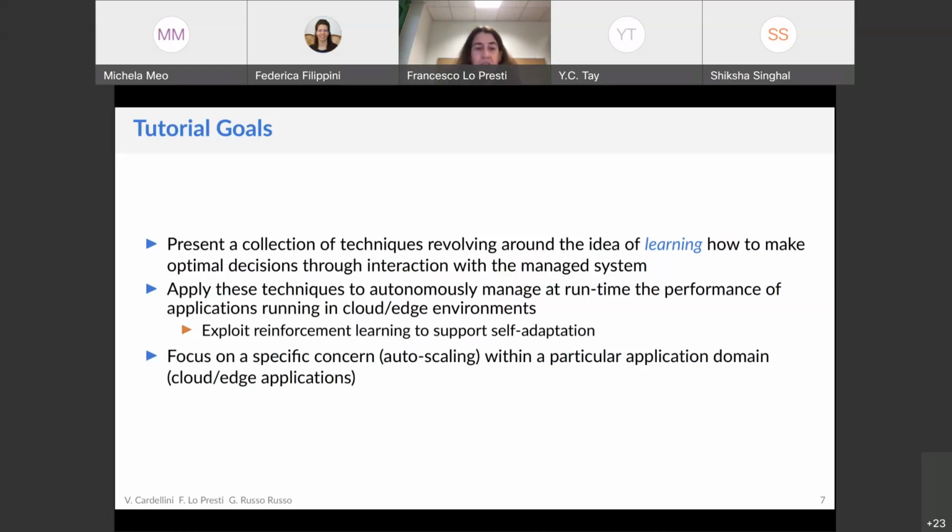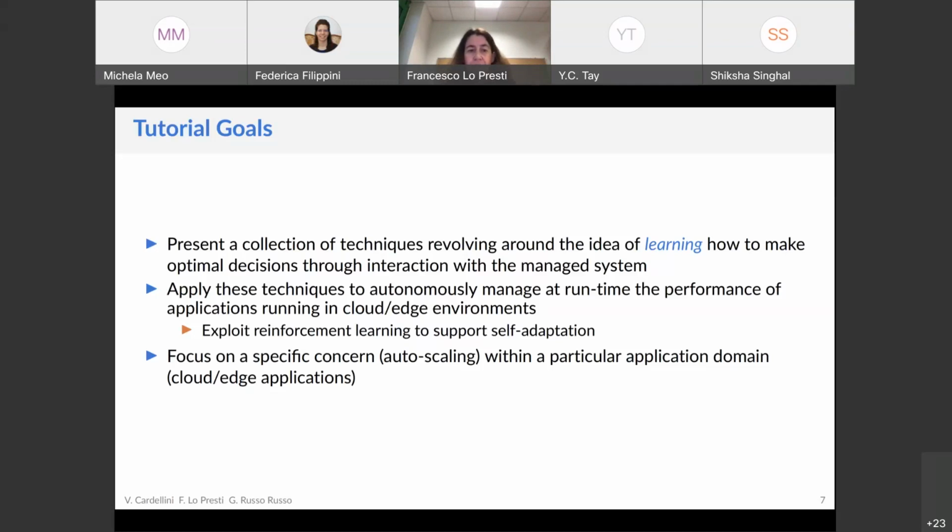In particular, we are going to apply these learning techniques to manage in an autonomous way at runtime the performance of applications that run in edge and cloud environments. And in particular, we will explore reinforcement learning solutions to support self-adaptation.